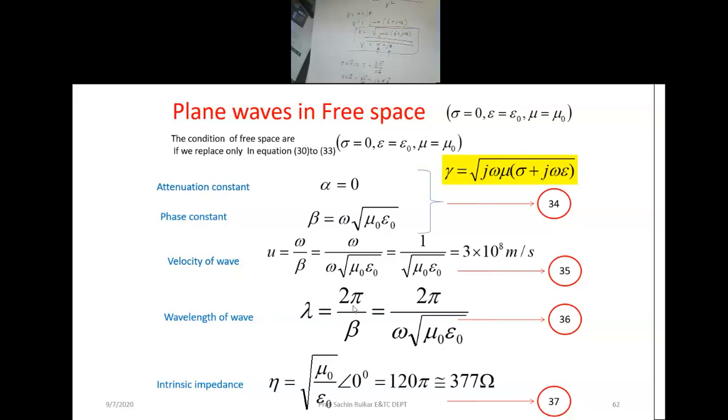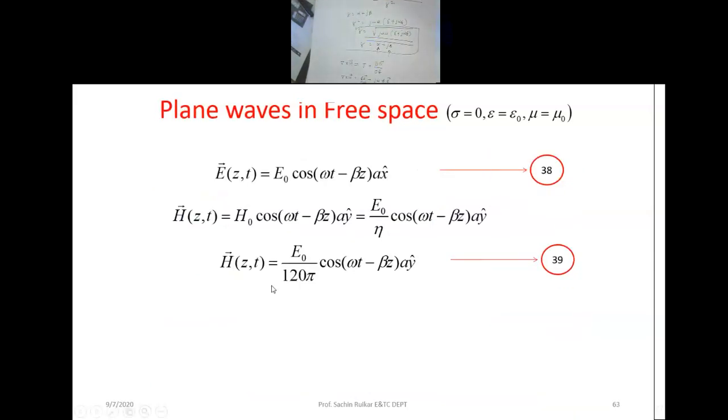Wavelength is twice pi by beta, and intrinsic impedance is 120 pi or 377 ohm. You always remember these particular free space components: alpha, beta, velocity, that is 3 into 10 power 8, wavelength twice pi by beta, and eta 120 pi or 377 ohm.